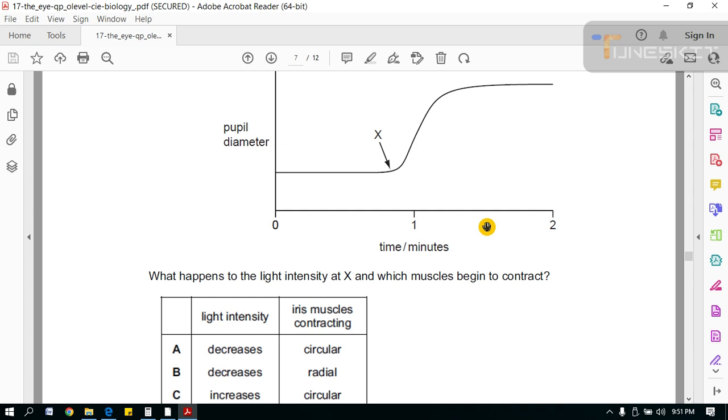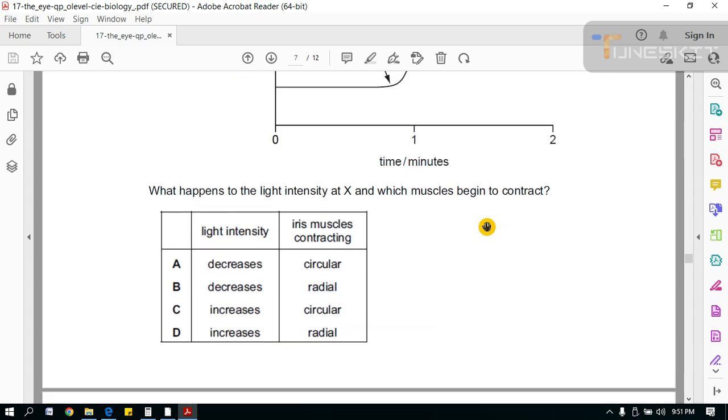So when the pupil diameter increases, is it due to the radial muscles or the circular muscles? In dim light the pupil becomes enlarged due to the contraction of the radial muscles.